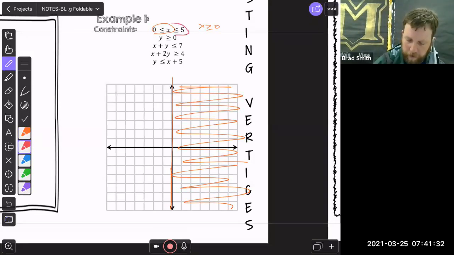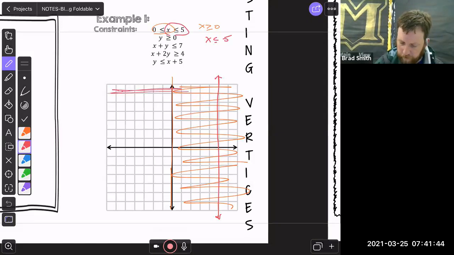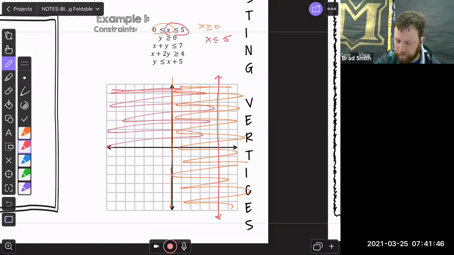I'm going to do the other one now. X is less than or equal to 5. So 1, 2, 3, 4, 5. Here's where x is equal to 5, and I would shade everything less than.